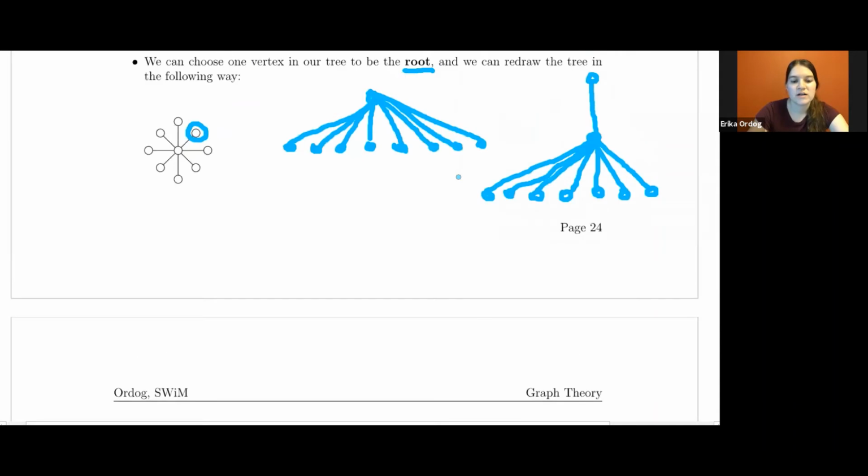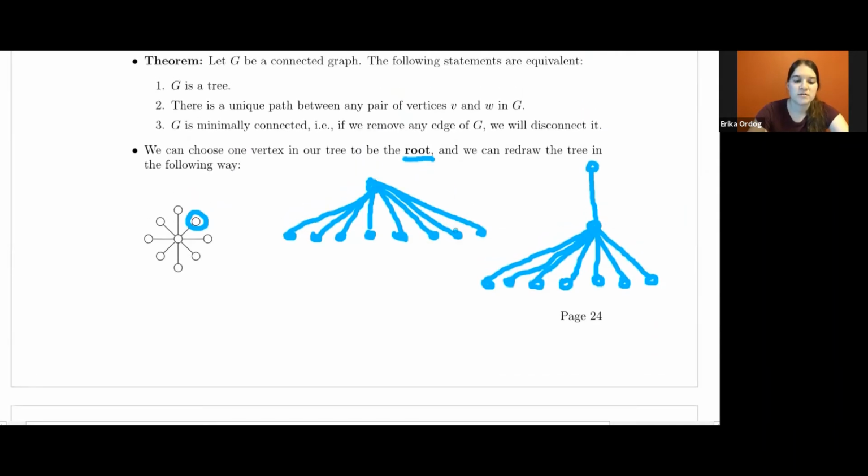Well, if we draw it as a rooted tree, then we can think about it in this way. Each vertex has exactly one edge that is directly above it. That's true for all of the vertices except for the root. Since there are n vertices, there are n minus 1 vertices that have an edge directly above them.